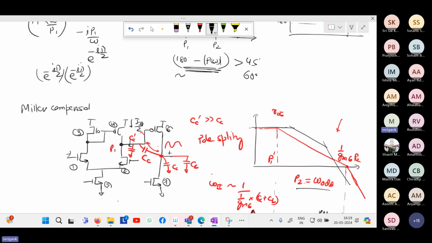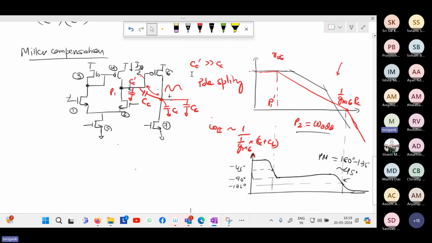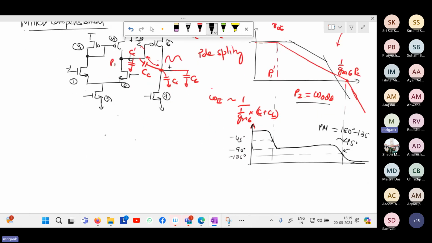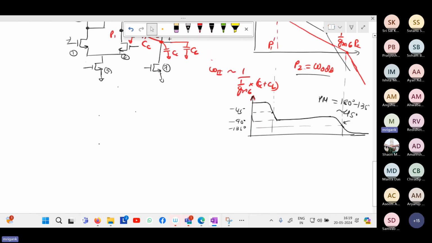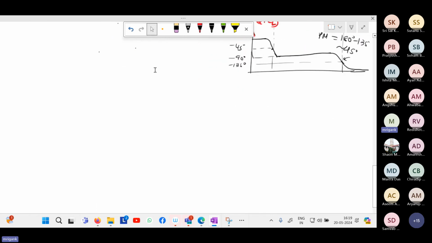Because we are taking advantage of Miller effect to split the poles, push the dominant pole towards lower frequency. So let us look at scheme 2.